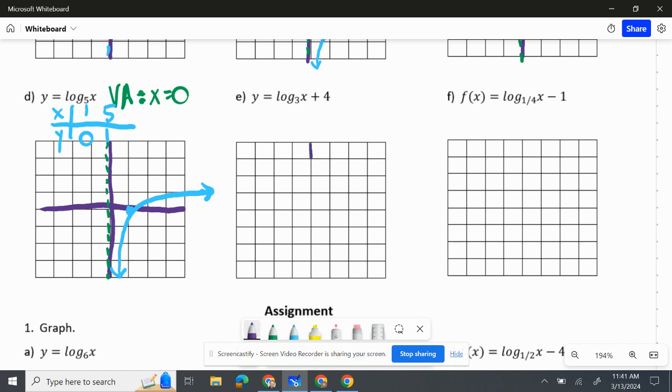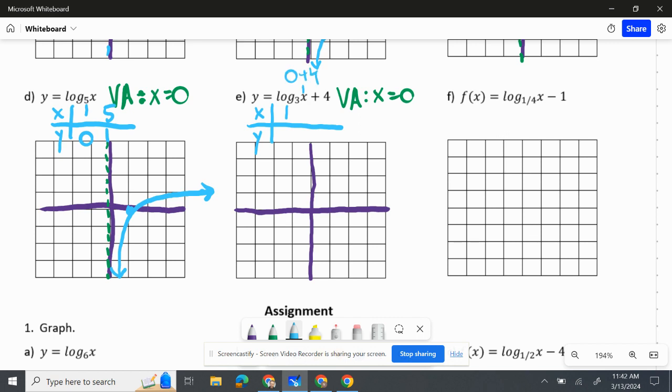So for our next one, once again, we're looking at this. We know that our vertical asymptote is going to be at 0. And then we're going to come up with our table of values. We're going to plug in a 1 whenever the log is a log of 1. Whenever we plug log 1 in, what we get is 0.